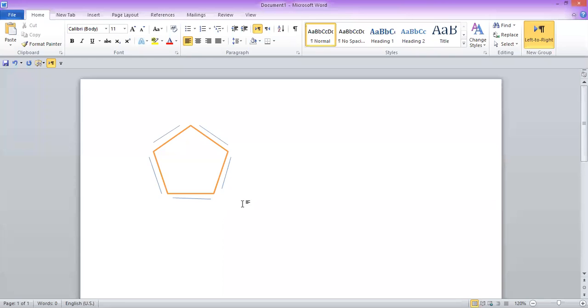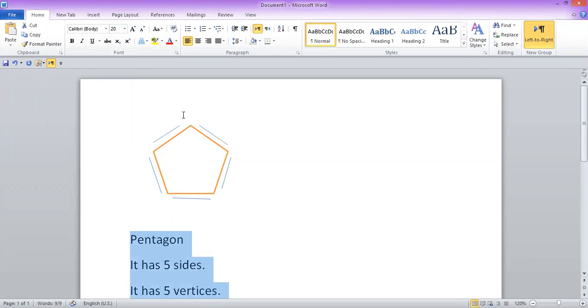So if I write about pentagon, it is pentagon and it has 5 sides and it has 5 vertices. In pentagon, we have 5 sides and 5 vertices.